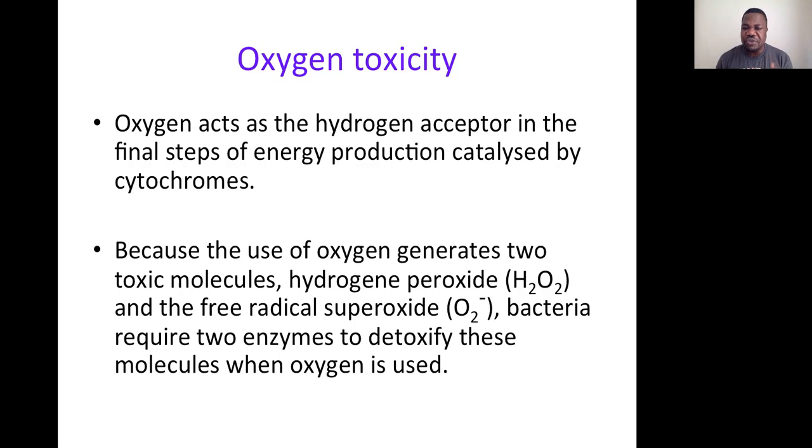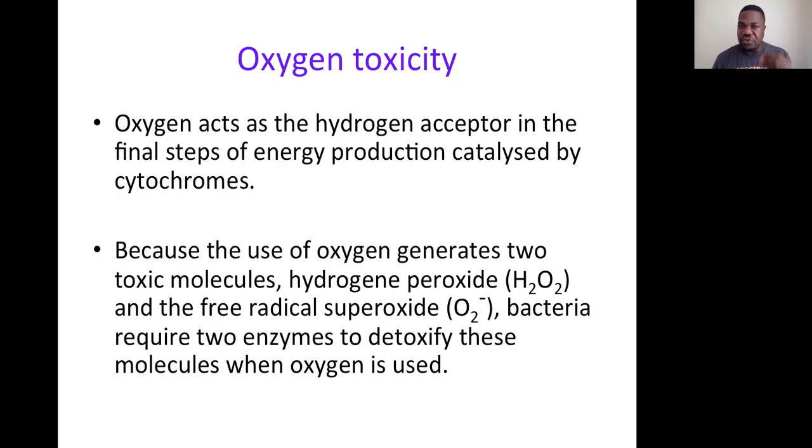The use of oxygen generates 2 types of molecules. They generate hydrogen peroxide, that is very toxic. They can also generate free radical superoxide. Those molecules are toxic.